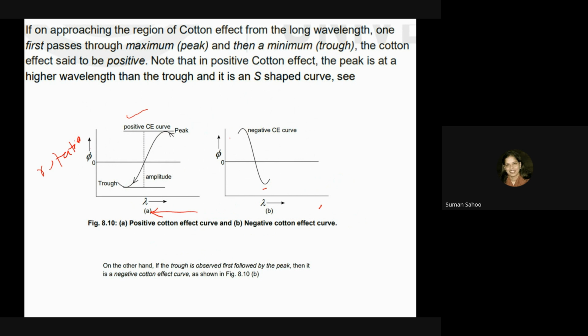In that case, that is known as your negative Cotton effect curve. Or you can just say if a peak is observed first, then that is your positive Cotton effect, and if a trough is observed first, then that is your negative Cotton effect.